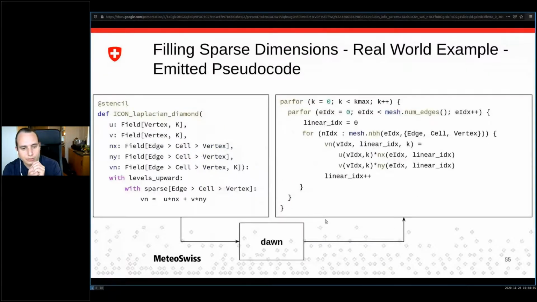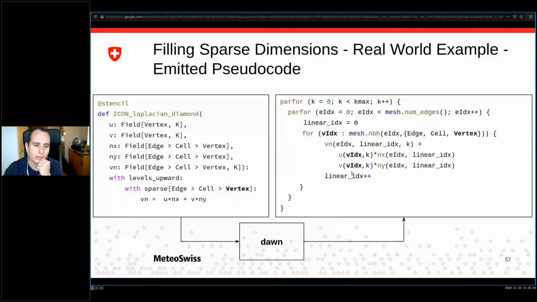Again, we are looking at the generated pseudocode, and I realized that this gets a little out of hand with regards to the indices. So let's have a look. We have the edge index, which is given by what we call a stage, which results from the first element of the chain being an edge. Then we can also generate a neighbor index, which is the vertex index, because this is the last element in the chain.